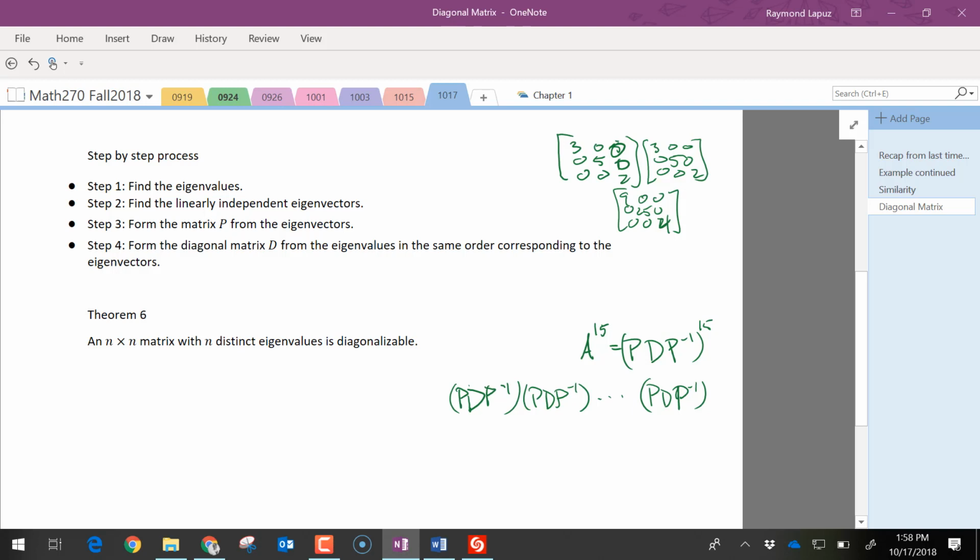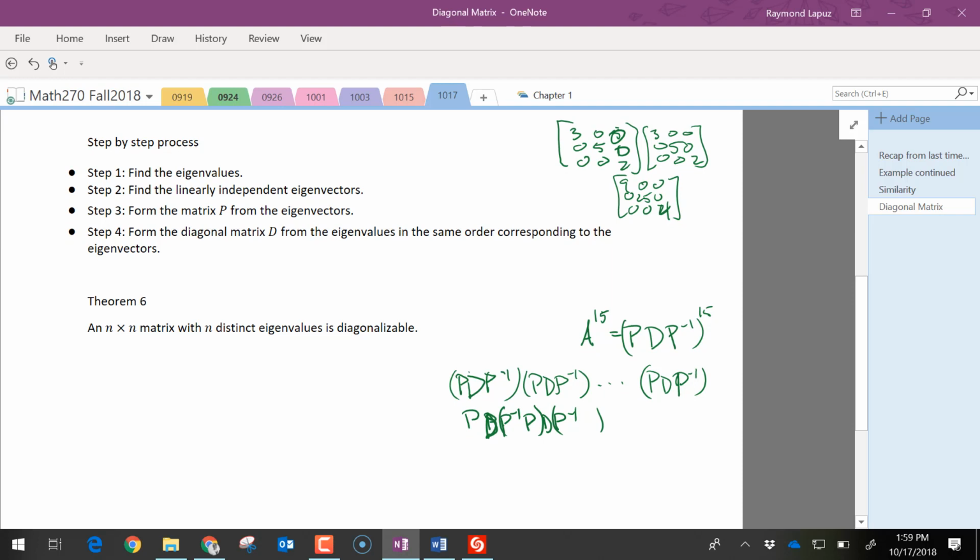And you can use the associative property: P D D P inverse P D P inverse, and you can group all the middle P inverse times P business. You see what's happening?